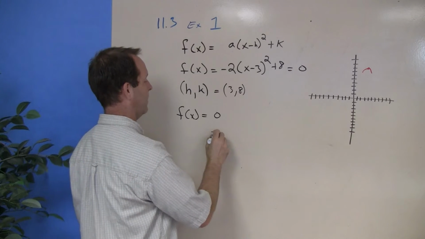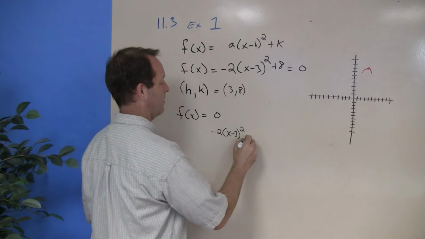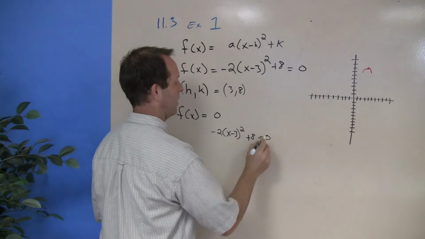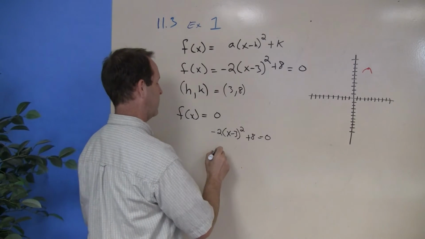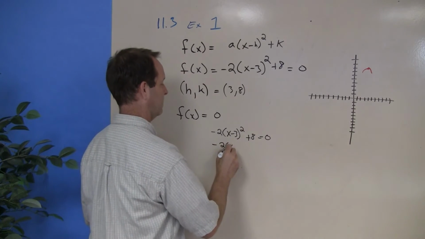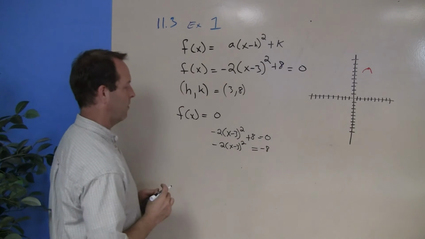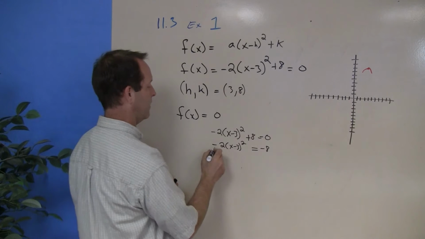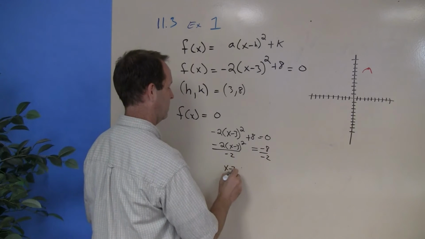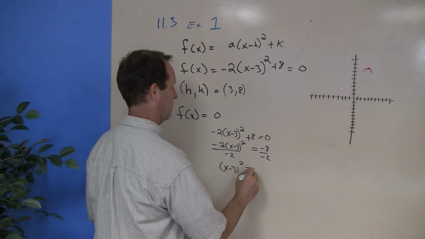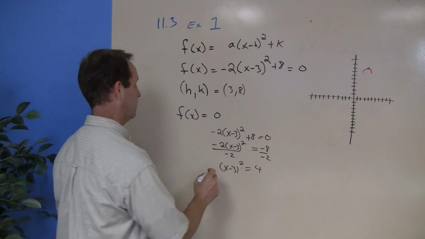So let's work it out. -2(x minus 3) squared plus 8 equals 0. So I'm going to subtract 8 from both sides. I'm going to divide both sides by -2. I'm going to take the square root of both sides.